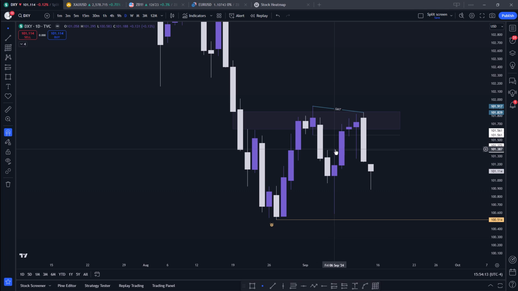We respected it just a little bit, pushed lower, then rejected aggressively to the upside, closing above that same CB. For those that don't know what CB I'm talking about or what inefficiency I'm referring to, I mean this one right here. So we closed above it, creating a BC, making it a balanced price range.